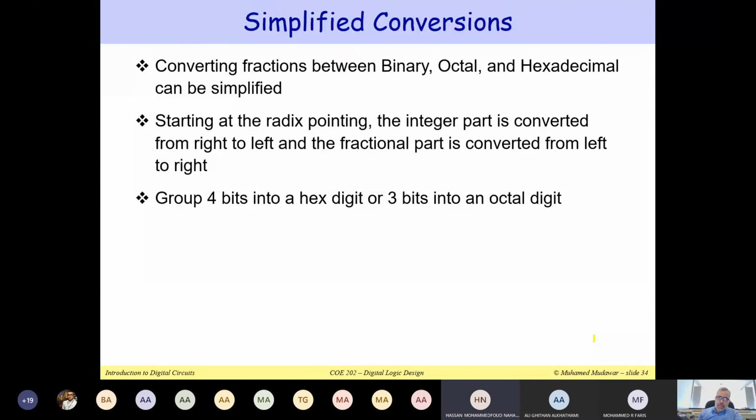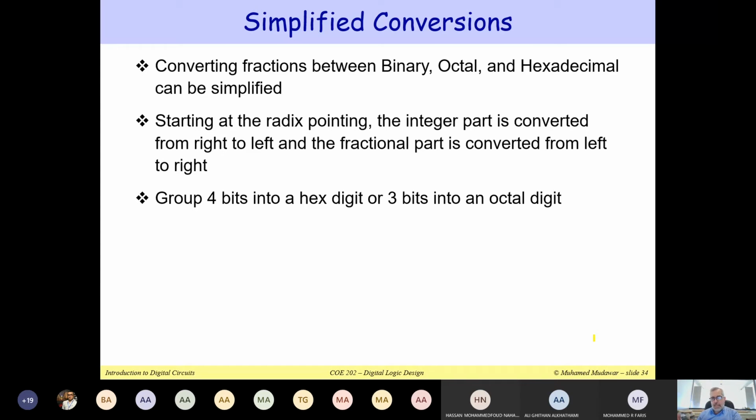Now, sometimes if you would like to convert between binary, octal, and hexadecimal, the procedure can be simplified. You don't really have to do what we have seen in the previous slide. Rather than dividing and multiplying, you can start grouping, because binary, octal, and hexadecimal are related.